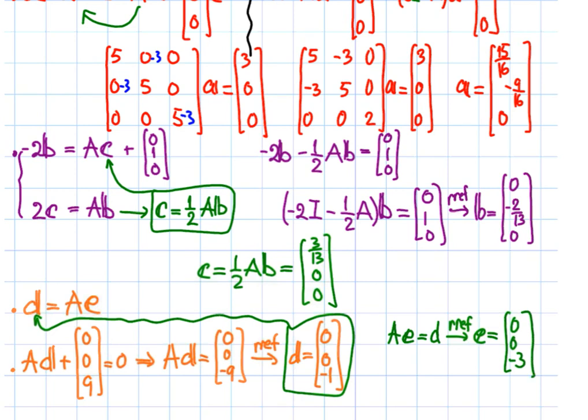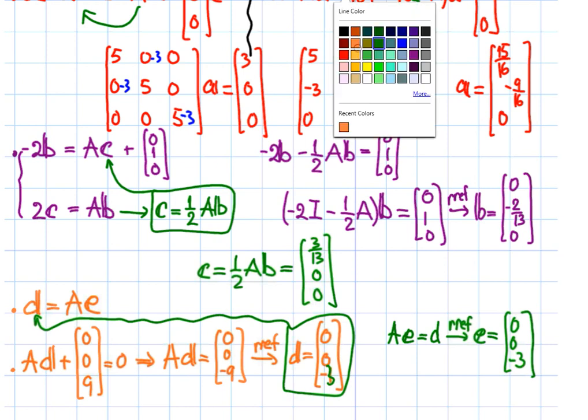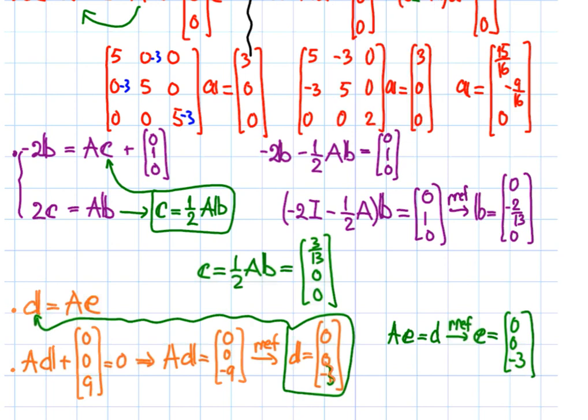Sorry, I copied them backward. Right, of course, we solve for AD equal to 0, 0, -9.